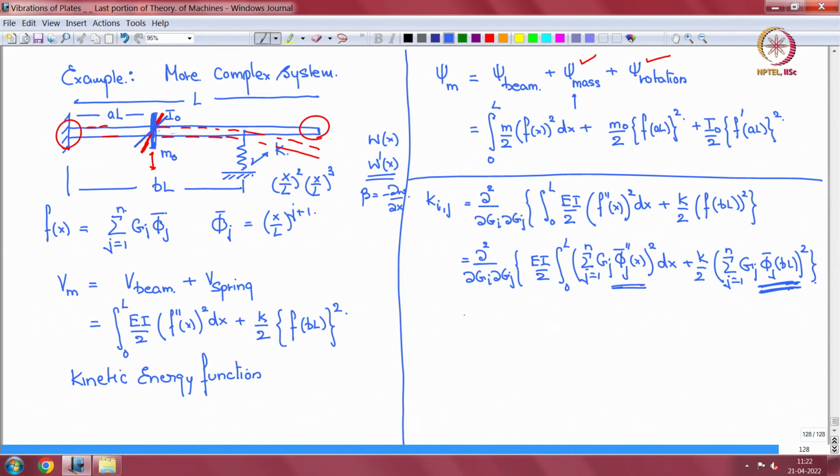If you perform this properly, I am shortening it, you get EI integral 0 to L phi bar double dash I phi j double dash dx plus k phi I bl phi bar j bl.